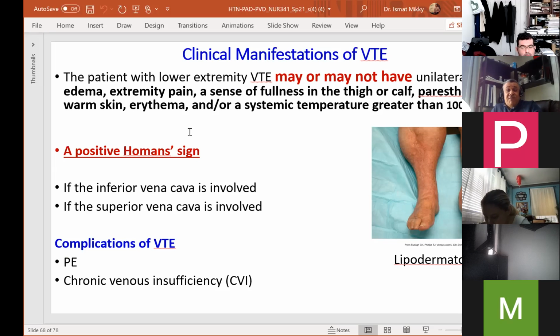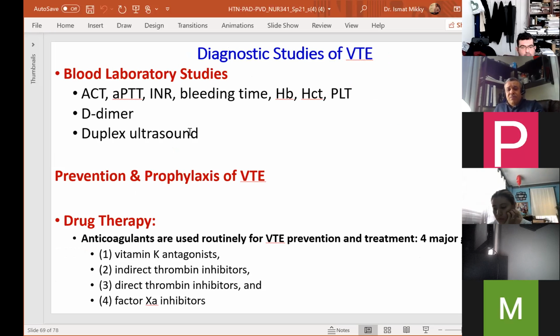It's pain due to the venous obstruction. So these are the signs of PTS.